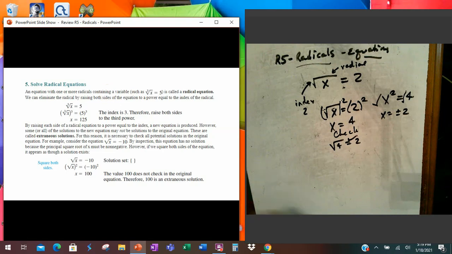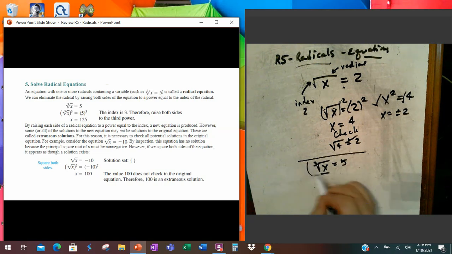I want to do the very same thing no matter what that index is. In this case, I've got as an example the cubed root of x is going to be equal to 5. What I want to do is basically have nothing left but x here. So I want to get rid of all that radical stuff.